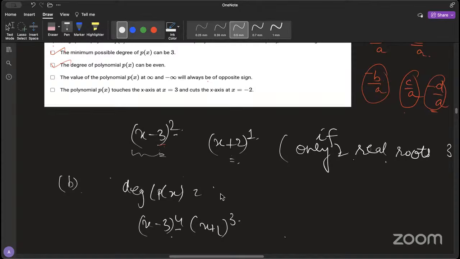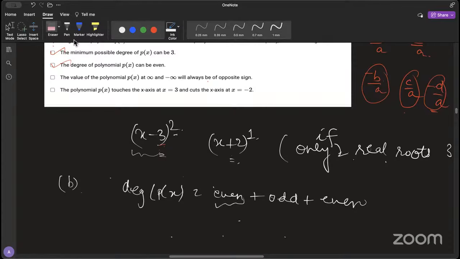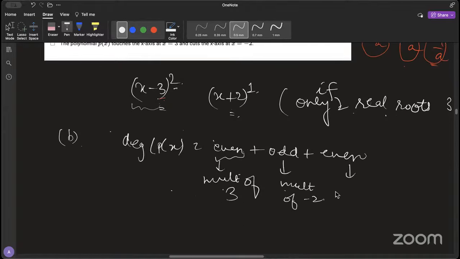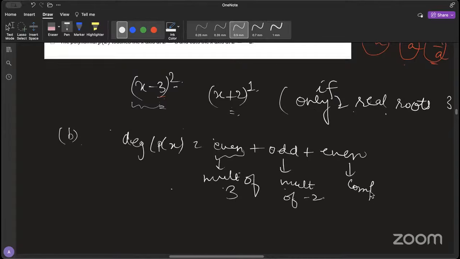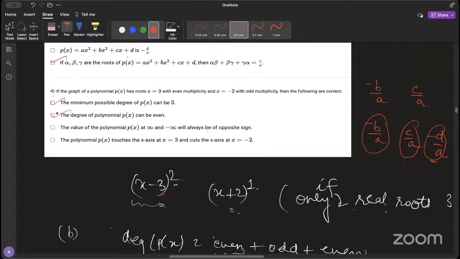So the degree of p(x) will be even plus odd plus even. This is coming from the multiplicity of 3, this is coming from the multiplicity of -2, and this is coming from complex roots, right? Now two even numbers added give you even, and even and odd added give you odd, right? That means now you can't have this option correct.